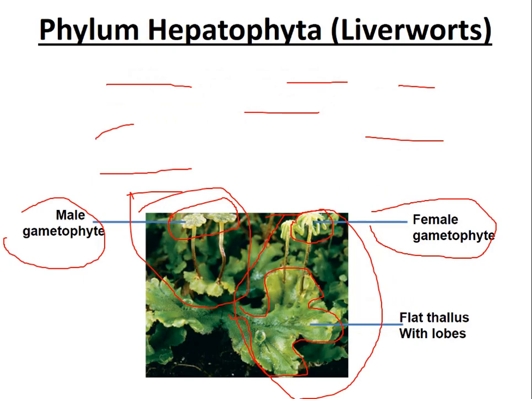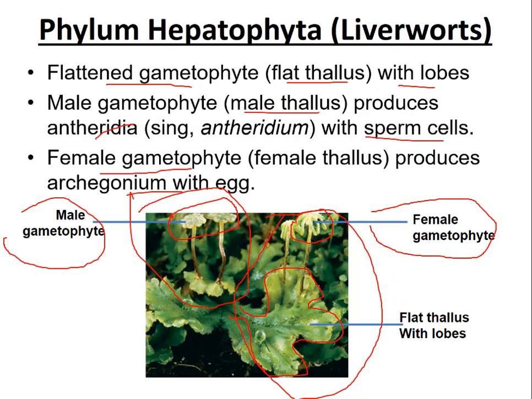Okay, as for phylum Hepatophyta, or liverworts, you can see that liverworts have a flattened gametophyte, which we call a flat thallus with lobes. Here you have separate male and female gametophytes. This is the male gametophyte with a male thallus, and this is the female gametophyte with a female thallus.